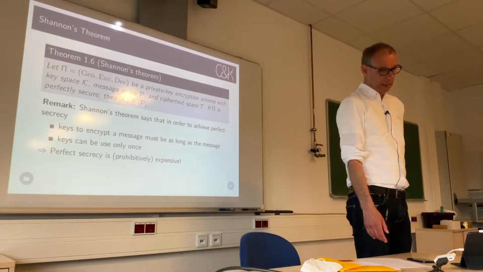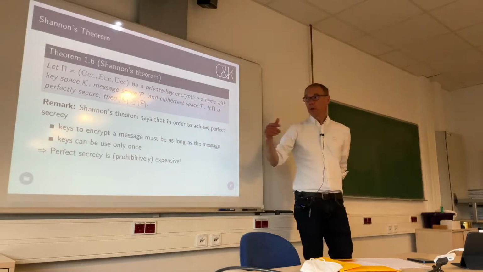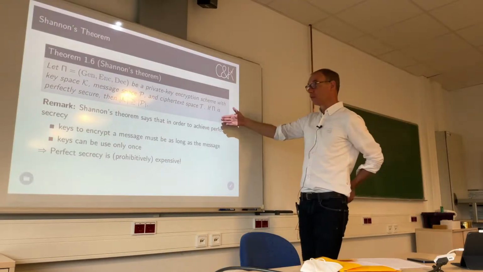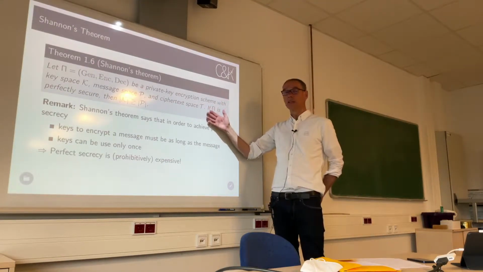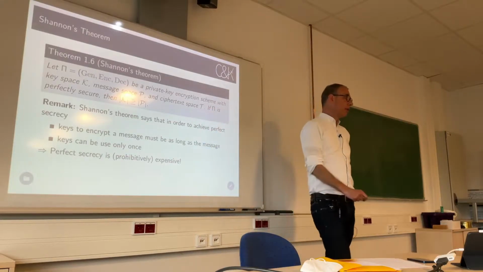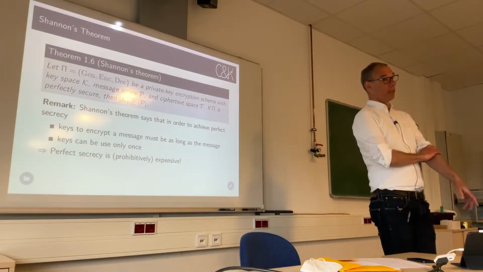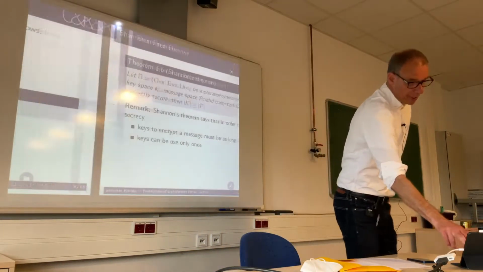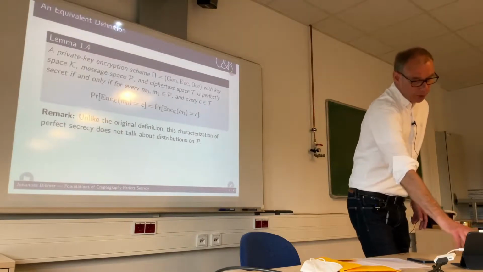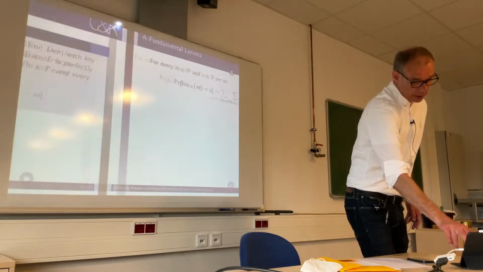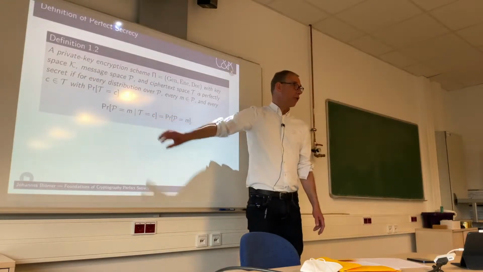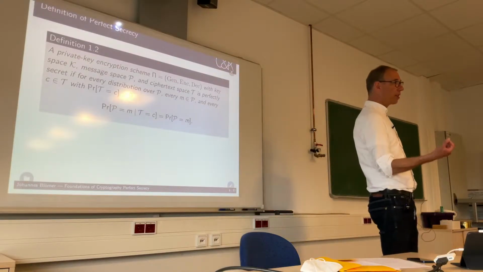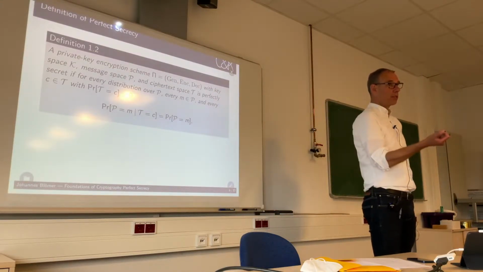And also what we want to achieve, and that is a large part of this course, is that this here only guarantees confidentiality against eavesdropping attacks. If you go back to our original definition of perfect secrecy, the adversary simply sees one ciphertext, and given that one ciphertext, he wants to deduce what the message was.